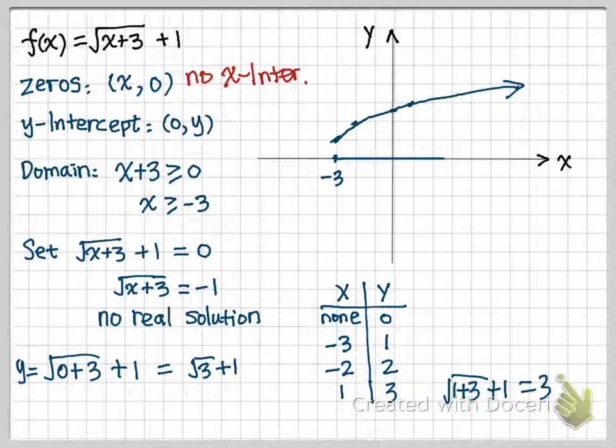If you want to find out the range, you just need to find out what is the lowest point on the y-axis. Okay, so the lowest point on the y-axis in this case is 1. So we will say the range is from 1, and it does include 1, to, as you can see, infinity.